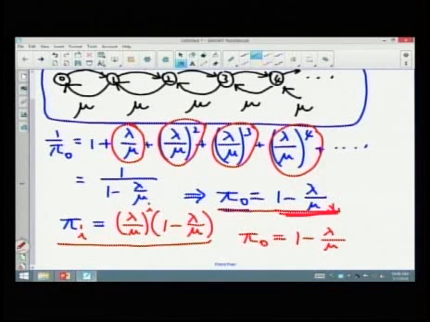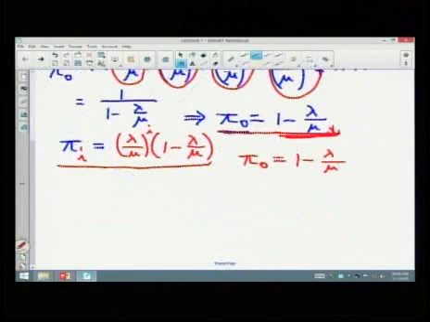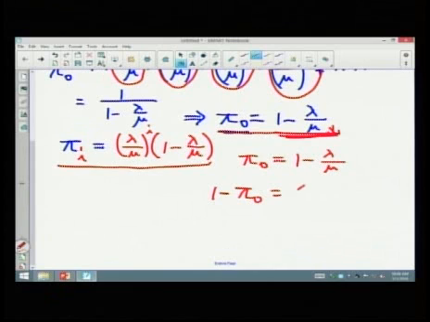Then what is the probability that the server is busy? 1 minus pi 0, right? Simple. So I just say 1 minus pi 0, which is lambda over mu. This is the probability that the server is busy. Is that right?